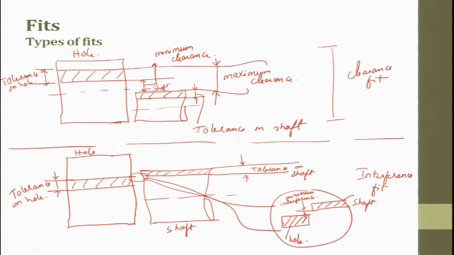What is the maximum interference? It is between this and this, whatever it is. So, this will be the maximum interference.